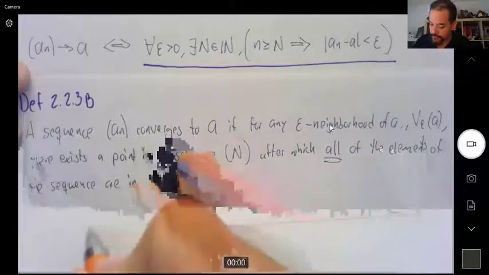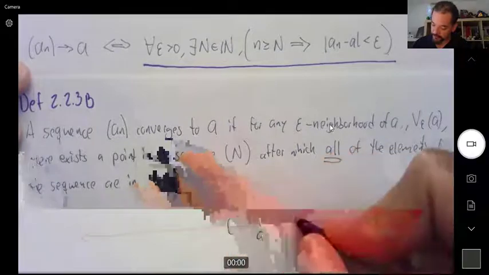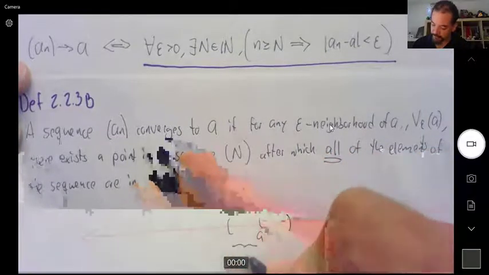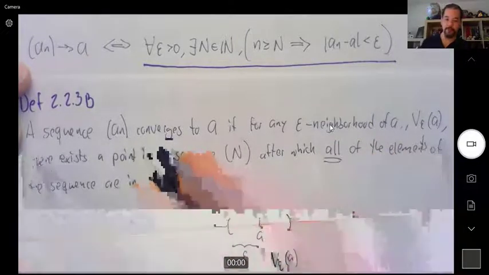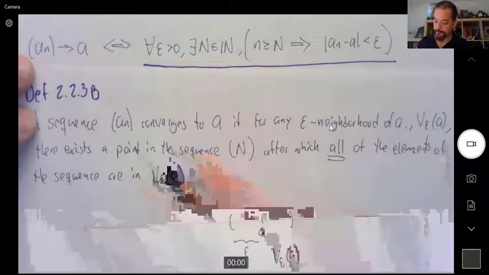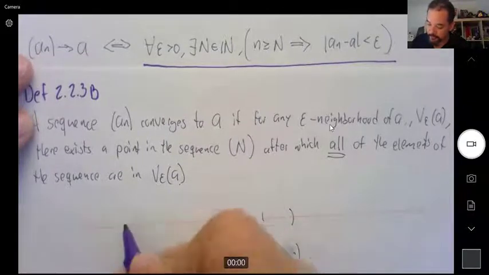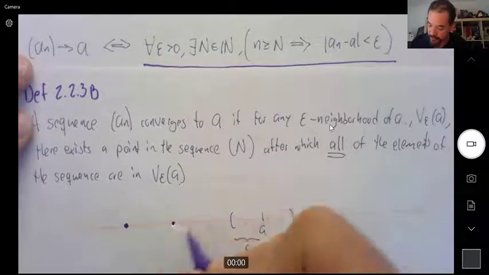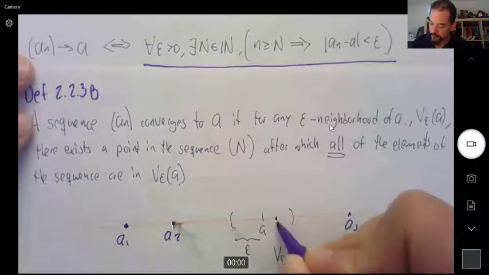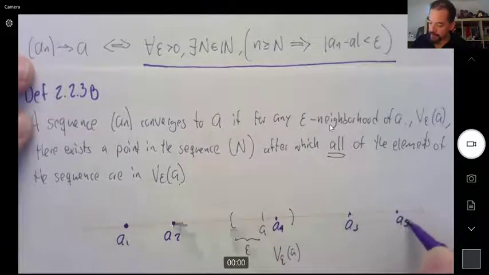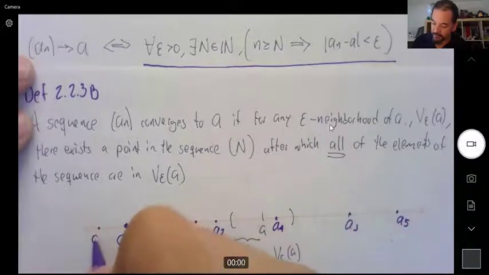So in other words, the picture you should have in mind is the following. So we have a sequence, we have our A, and we're given some epsilon. We need to do it for every epsilon. So here's the epsilon neighborhood. This is V epsilon of A. And we say this is going to work if at some point the elements of our sequence are all in here, right? So maybe at the beginning the sequence is here, then here, okay, let me call it a1, a2, maybe a3 is over here, maybe a4 is inside, but then a5 goes away, and then a6 goes this way, and then a7, and then a8 maybe over here, I don't know.